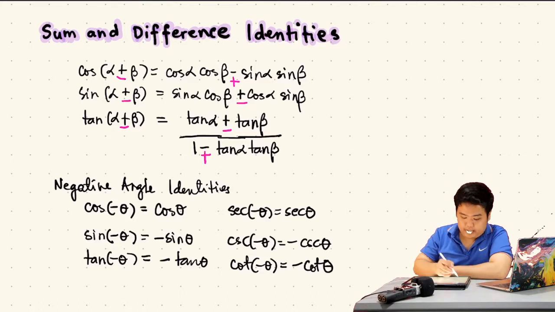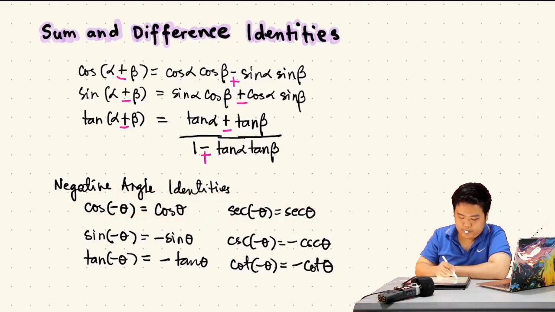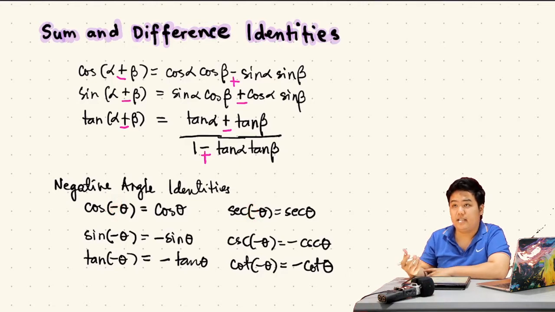Okay, so for these two, yung negative sa cosine tsaka sa secant, kapag may negative doon, pwede mong alisin na lang yung negative. You still get the same value. But for the rest, sine, tangent, cosecant, cotangent, yung negative, kailangan mong i-pull out sa labas.